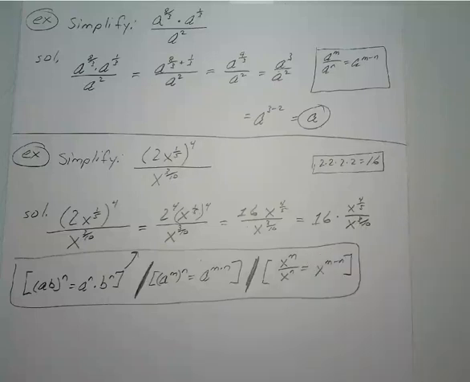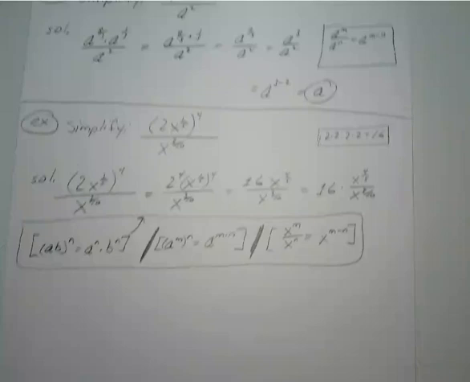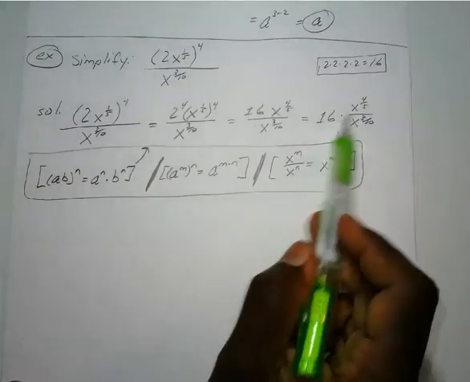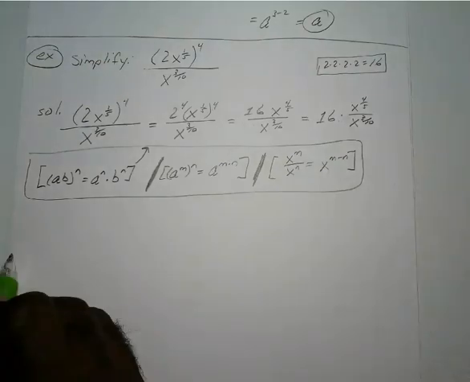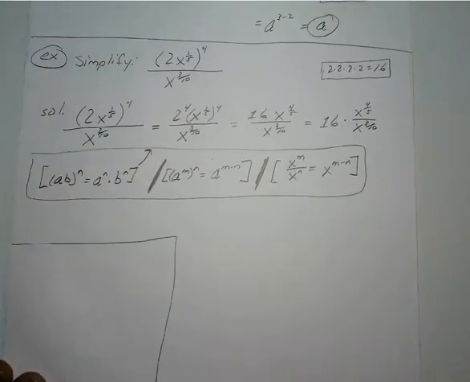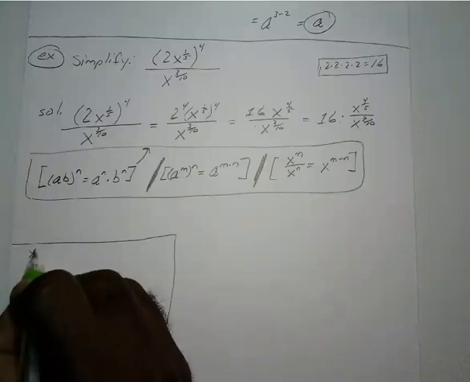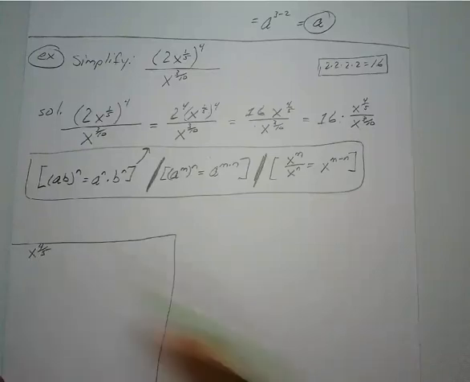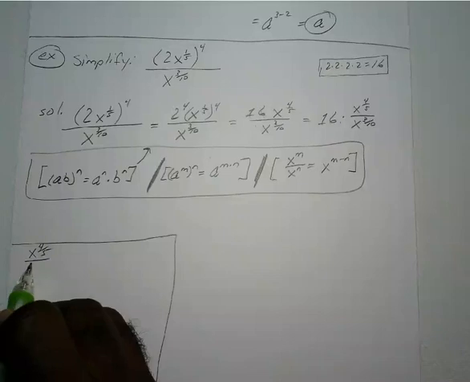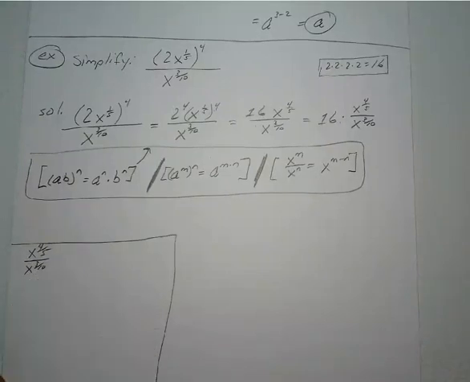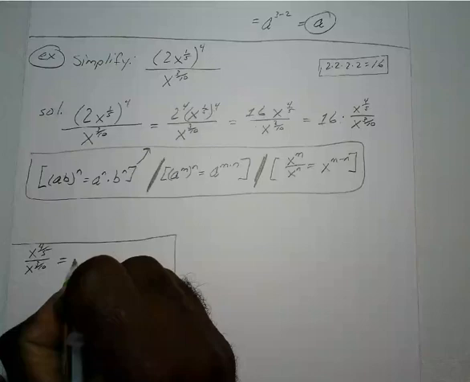All right, so I'm going to move this up a little bit, and I'm going to go ahead and just simplify this down here on the corner. Okay, so x to the 4/5 power over x to the 3/10 power is equal to x to the 4/5 minus 3/10.